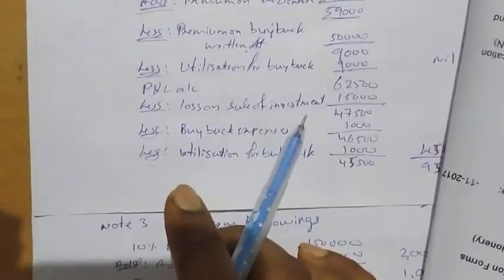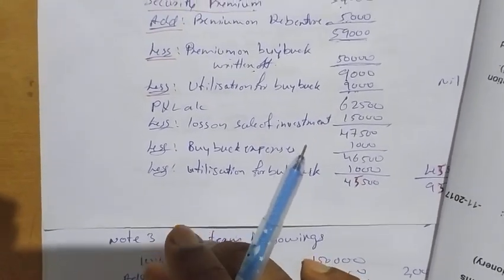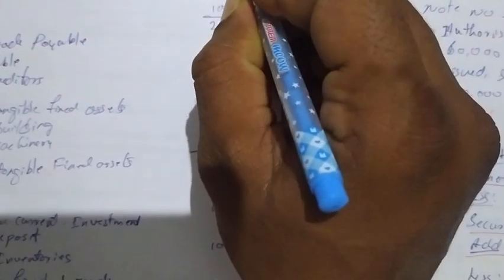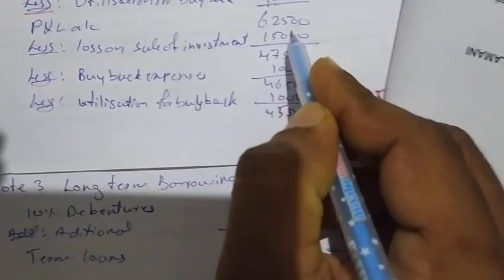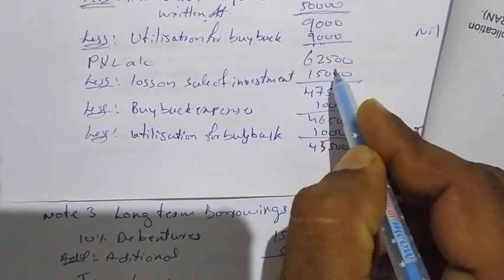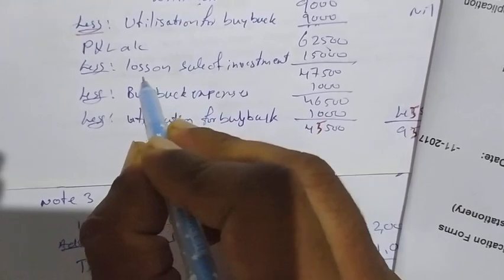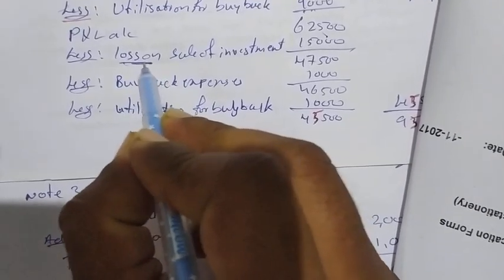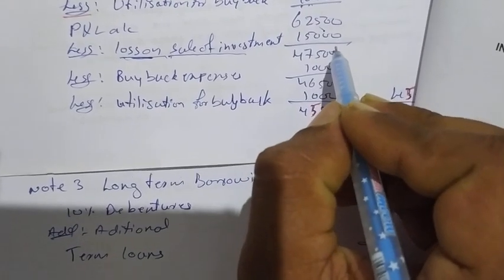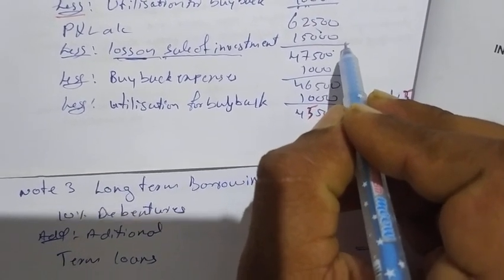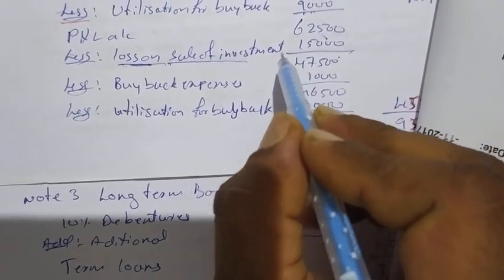Now in the profit and loss account, again we have certain adjustments here. In the problem, the profit and loss account balance is 62,500. Now out of this 62,500, we have incurred a loss on sale of investment. The company has incurred a loss of 15,000, that is 80,000 worth shares investment were sold for 65,000.